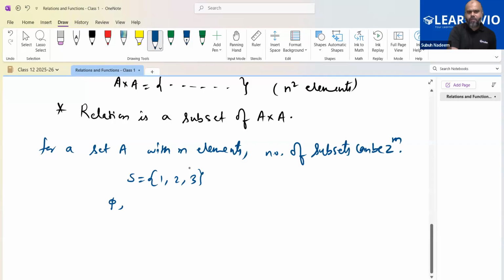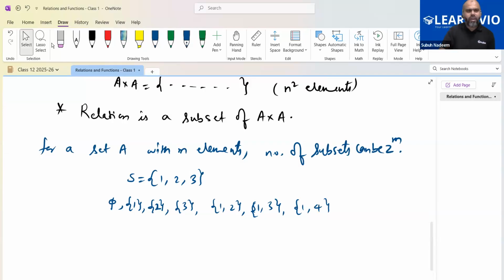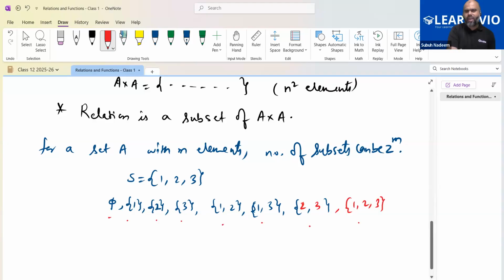One will be the null set, another is only having 1, only 2, only 3, another is 1 and 2, 1 and 3, 2 and 3, two-element combinations, and another is all 3. So how many are there? 1, 2, 3, 4, 5, 6, 7, 8.